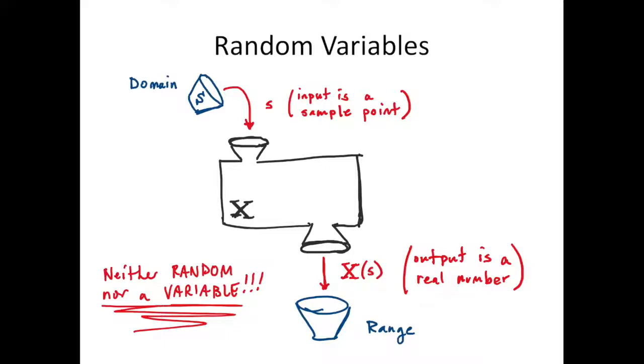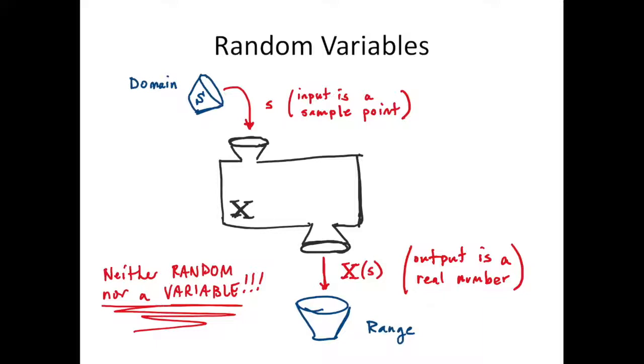So if I visualize my function with a function machine, that's what's in black in the middle there, labeled uppercase x, the inputs are going to be sample points, lowercase s. They come from a domain. That's the set of all inputs to this function. That is our sample space. So a sample point falls into the machine, the gears churn, it does something to that sample point, and what we get out of it is a real number.